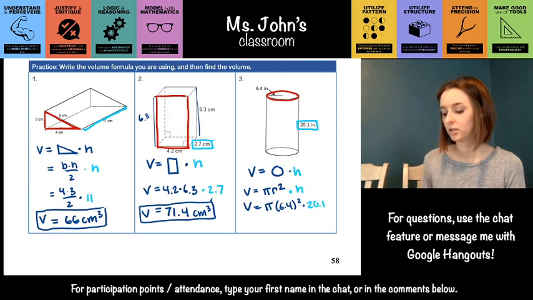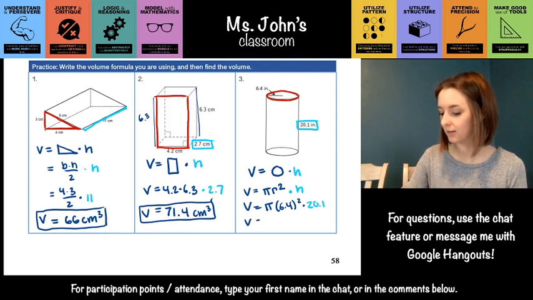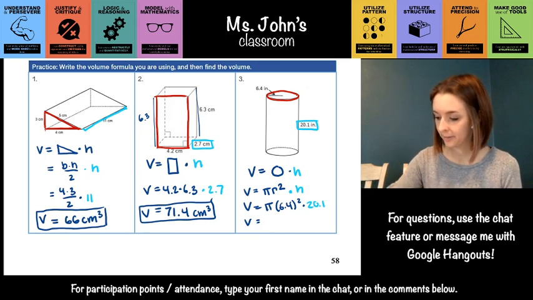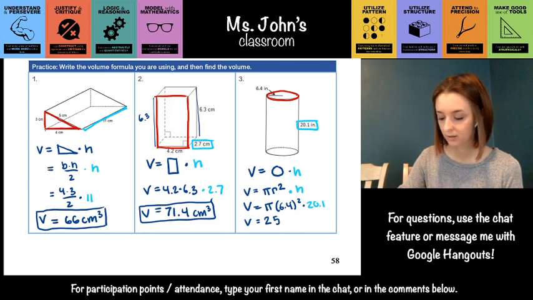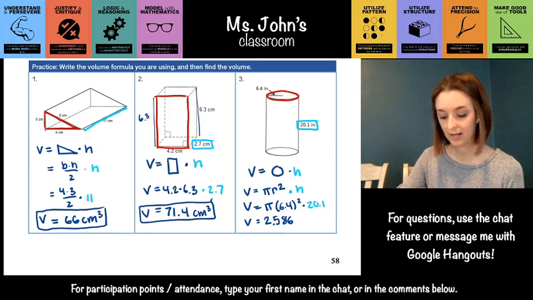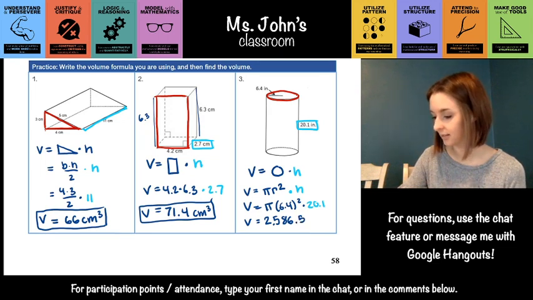If I were you, I would just type that into a calculator because I don't want to do calculations with pi. Double check me on my answer on this one, but I think it's 2000. That feels wrong. I'll double check it after I write it. 2,586.5 inches cubed.